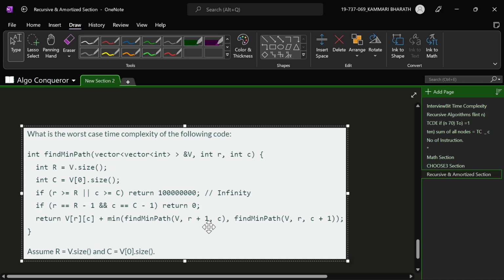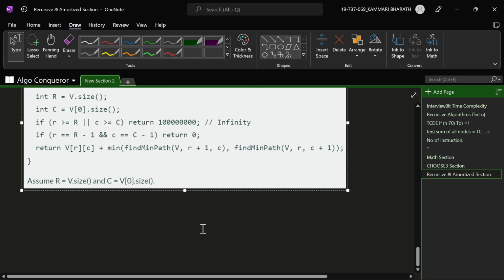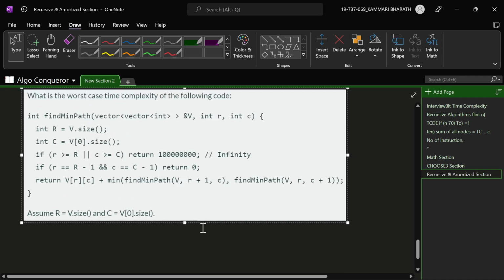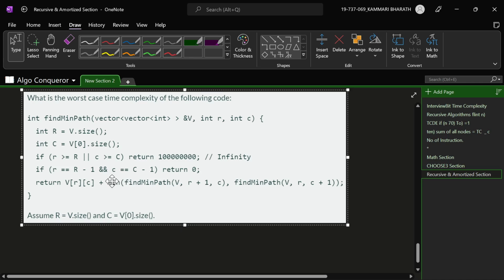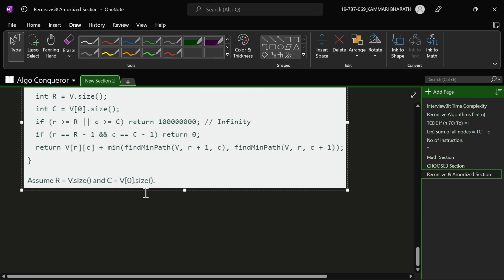No, both are getting incremented. The base cases are when r is equal to number of rows minus 1 and c is equal to number of columns minus 1.